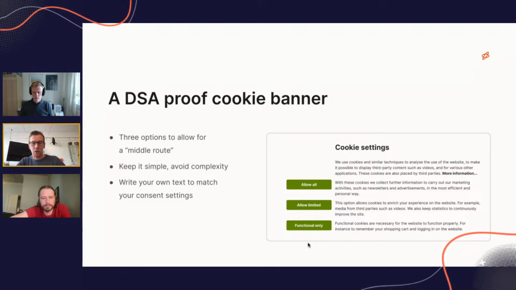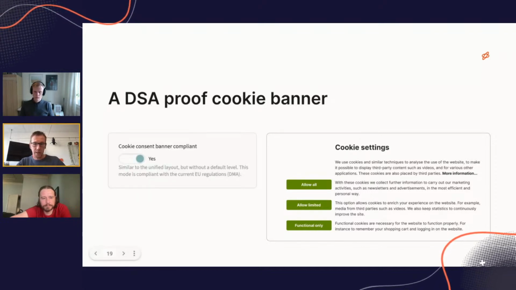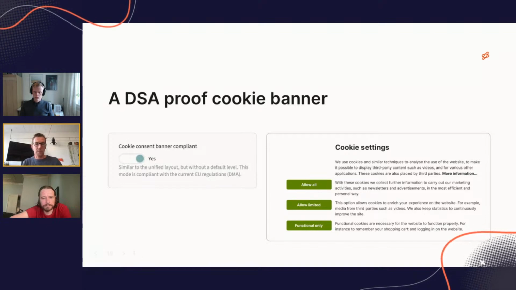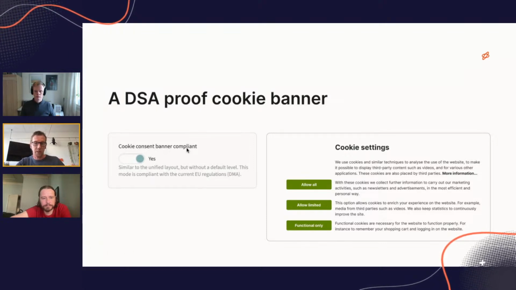because then you are handling according to the DSA legislation. You can actually switch that on right now. So I'll wait 2 minutes for everyone to check their own website. No, just kidding. But in your control panel, there is a setting called cookie consent banner compliance.